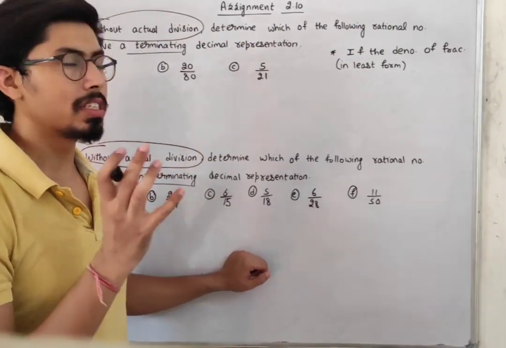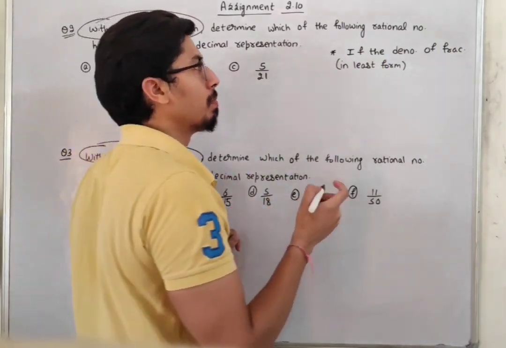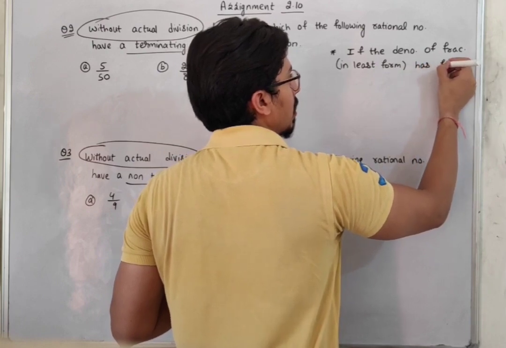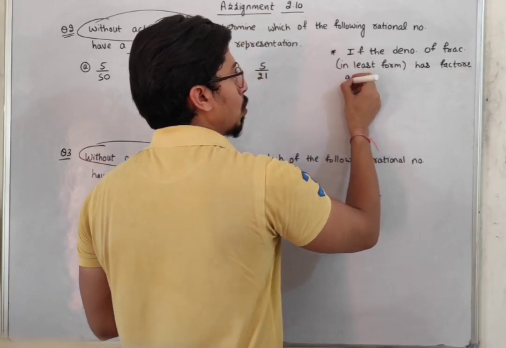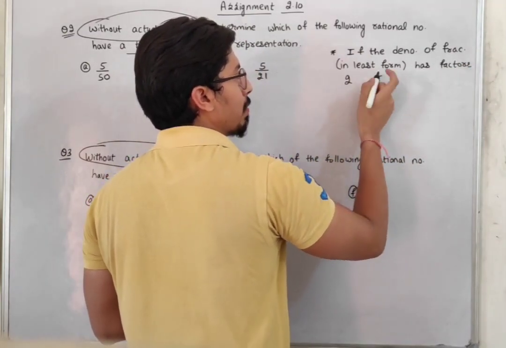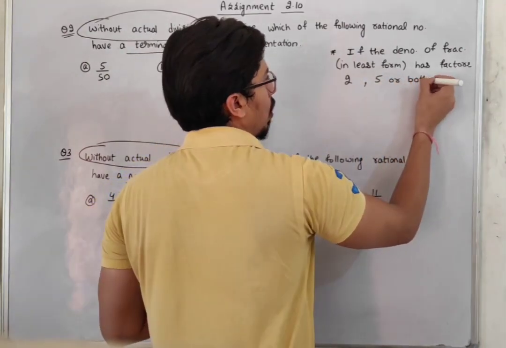Okay, that is the simplest form of the rational number. If the denominator of the fraction in least form has factors 2 or 5, 2, 5 or both, only.